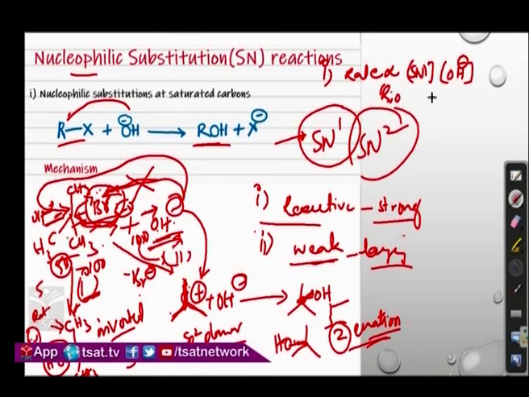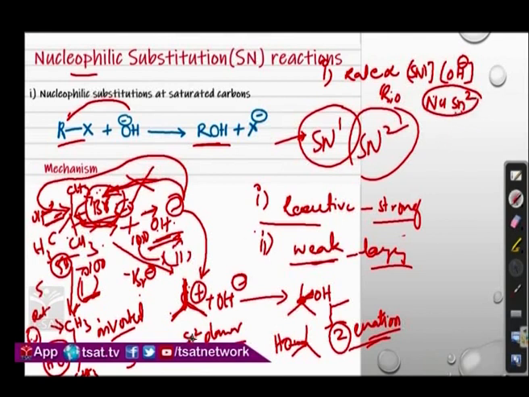In brief, this is a nucleophilic substitution reaction where two molecules of the reacting partners define the rate. That's why it is said to be SN2, nucleophilic substitution reaction, bimolecular.